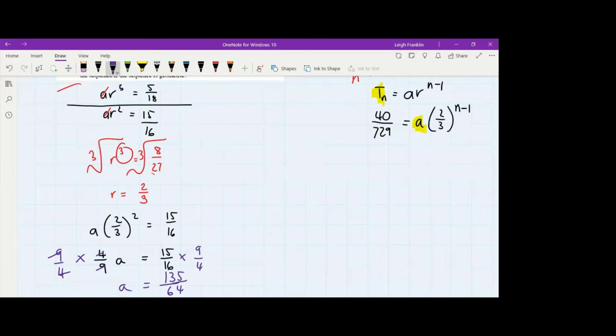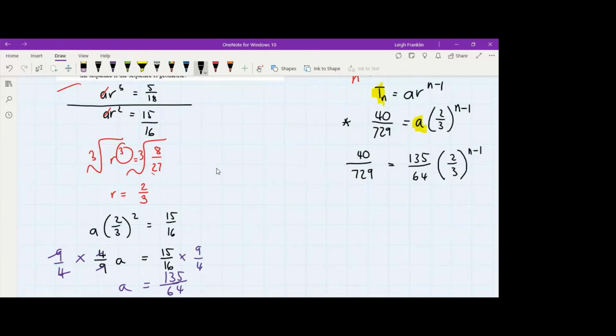We're going to sub it in over here. Okay, so we've got 40 over 729 is equal to A, which is 135 over 64, times r, which was 2 over 3, to the n minus 1. Okay.